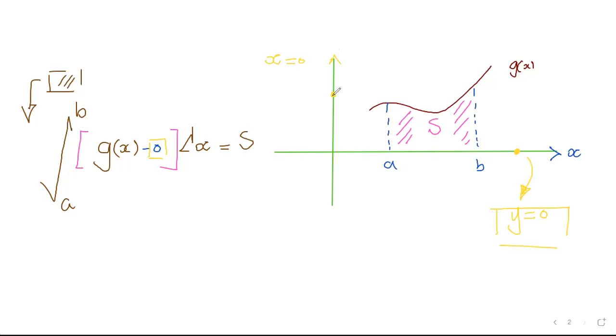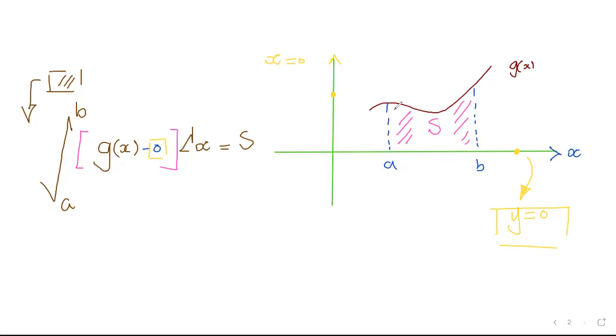Now, if y equals 0 is the line describing the x-axis, then I can come here to conclude something very smartly. And we expand on it now to say that the area under the curve is essentially the subtraction of two functions.